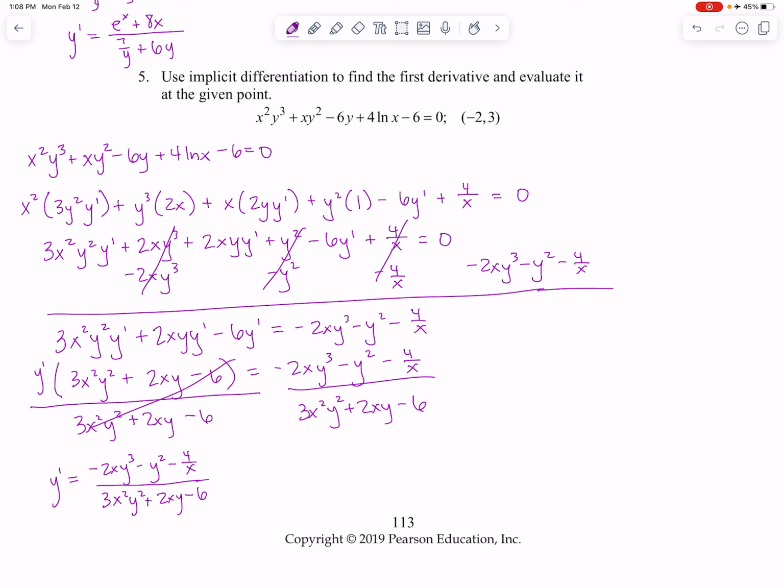The point we're interested in is negative 2, 3. So let's plug that in.